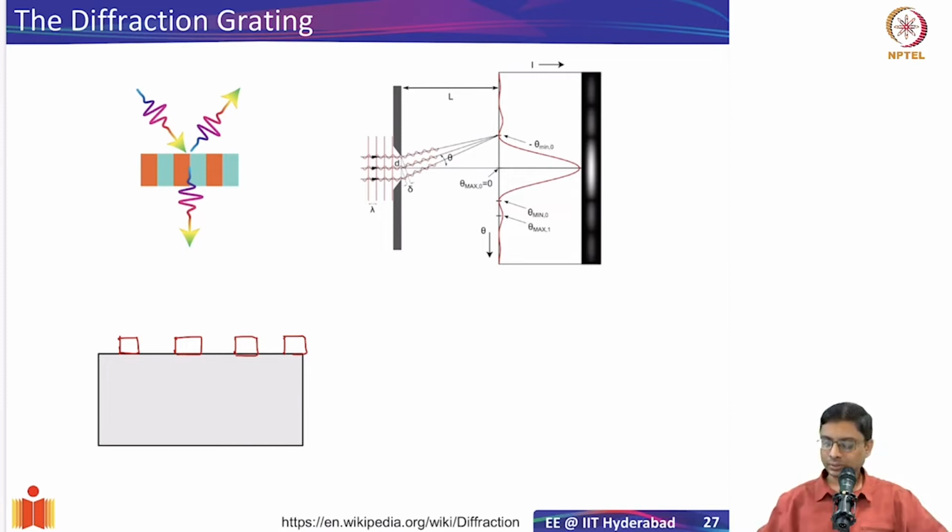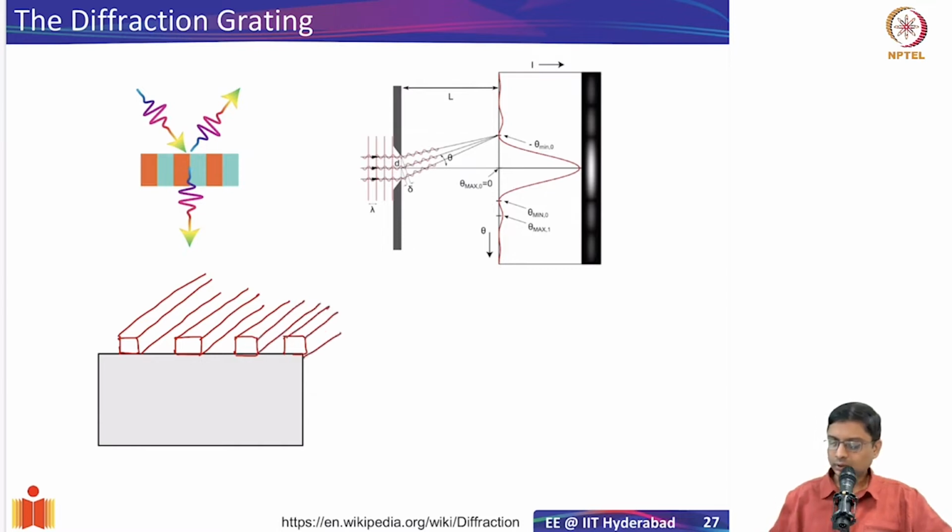So it could be something like this, going infinitely in one direction, and so on. Effectively, just for example, this can be n equal to 1.5, and this could be gold. That's one possibility, gold, which is a metal, and then air. So this is known as a diffraction grating.